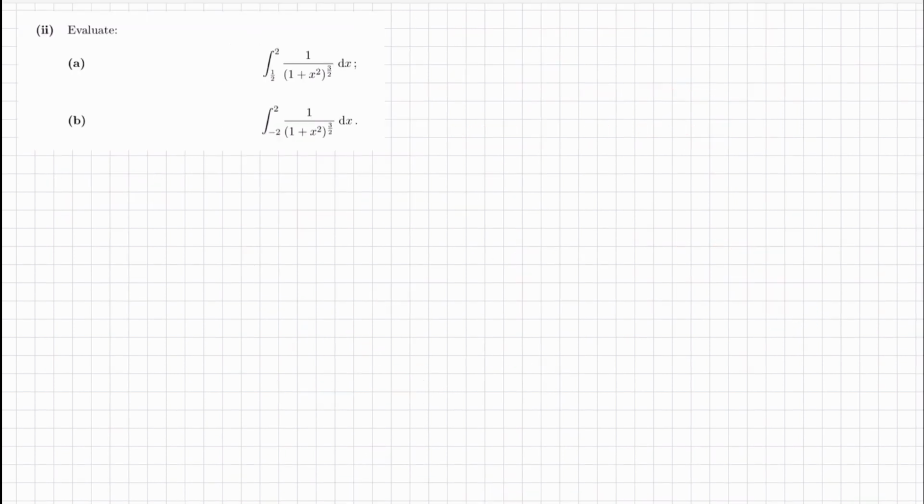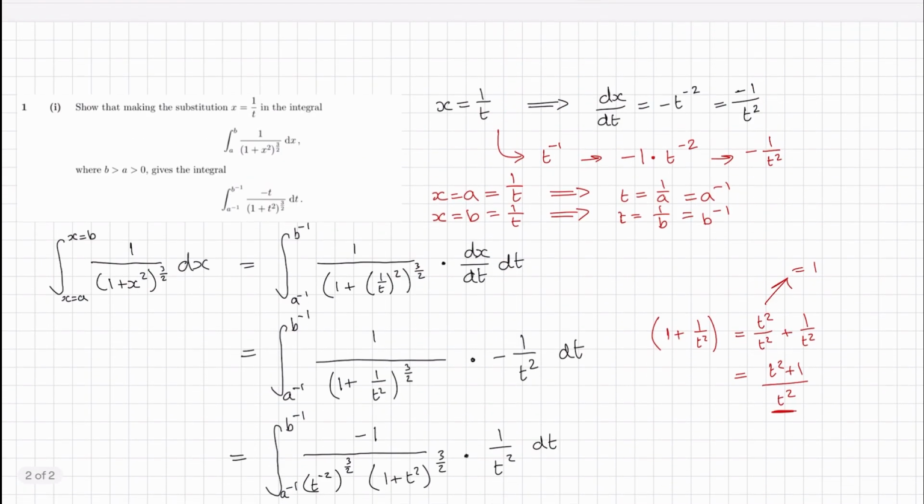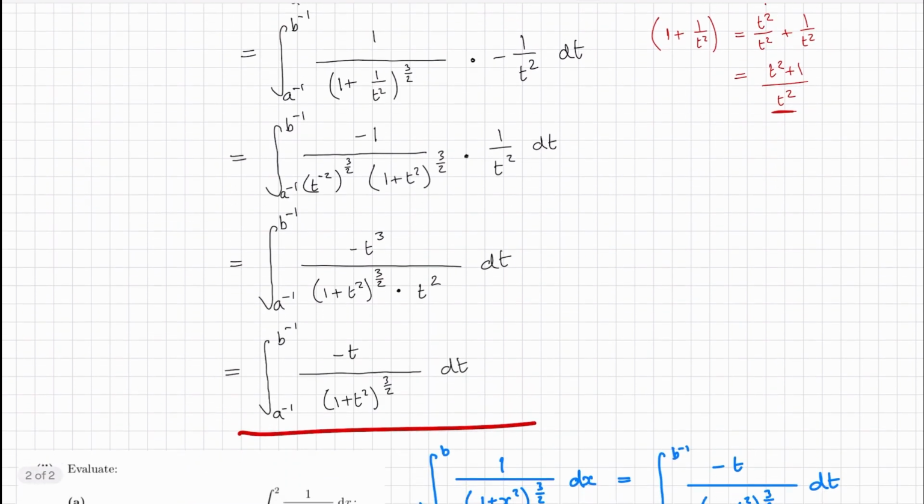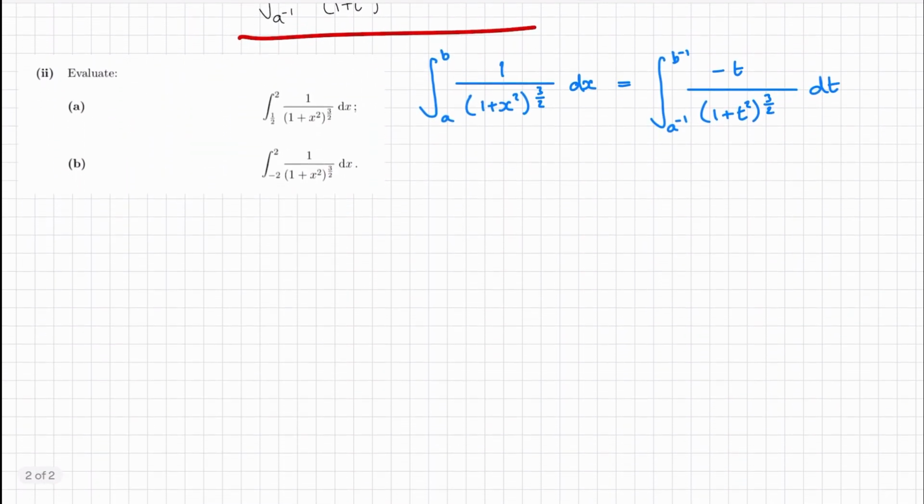Now moving on to part 2 of the question, what I will do to start with is write out the result that we just proved. As I pointed out before, and I'll just scroll up so you can see, we do have that condition. Thankfully, for this example, the condition is fine because we've got b equals 2, a equals a half, b is greater than a, greater than 0.